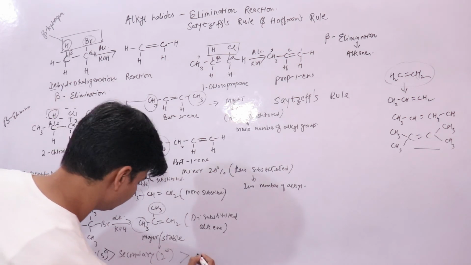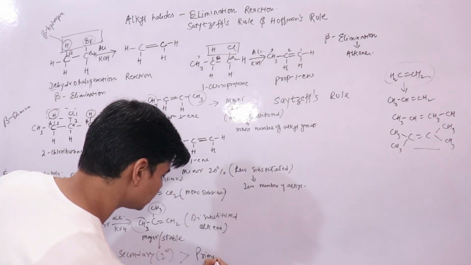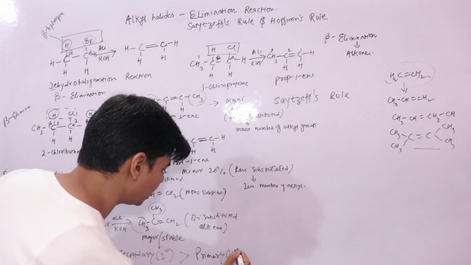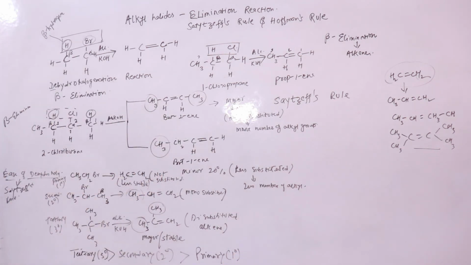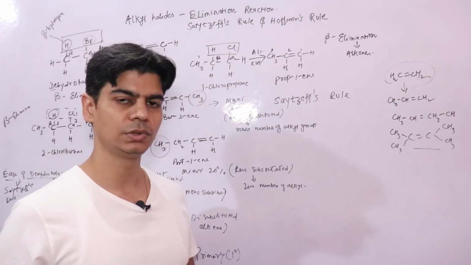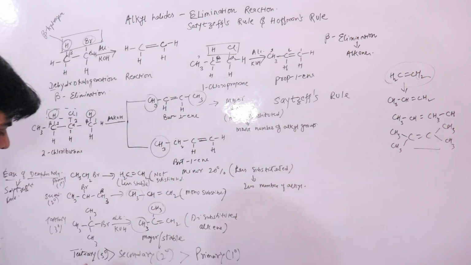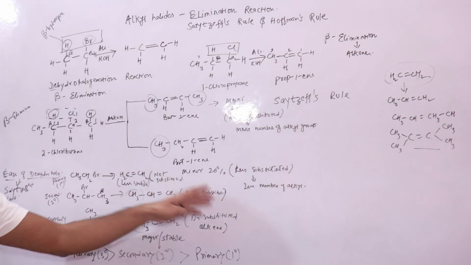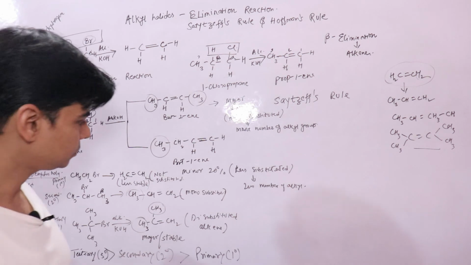Then comes your primary halides, which is your 1 degree. So this is the ease with which these will undergo dehydrohalogenation. Tertiary halides will undergo dehydrohalogenation most easily. Why? Because they form the most substituted alkenes, right?